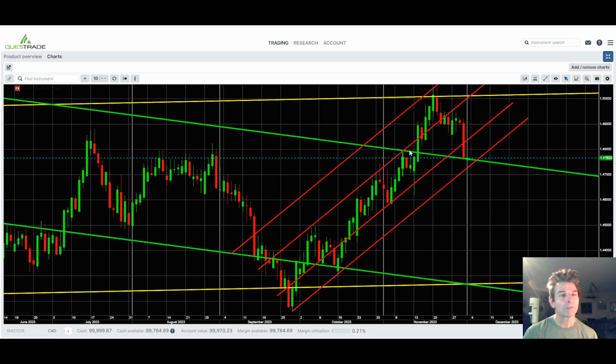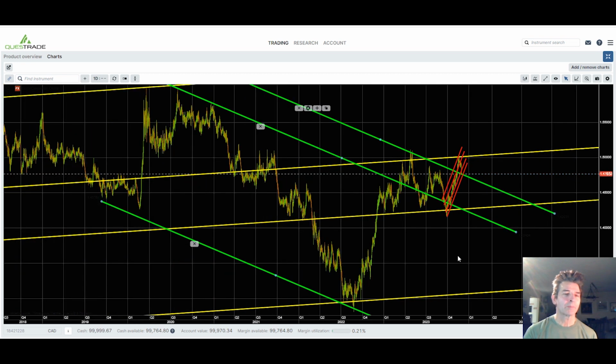Overall uptrend, bit of a downtrend here. But again, it bounced off of here. So it's been doing this bounce, bounce, up to the top, almost top, going back down, up to the top again.